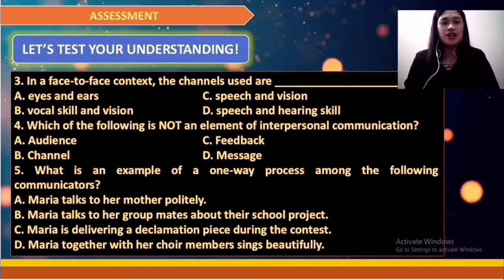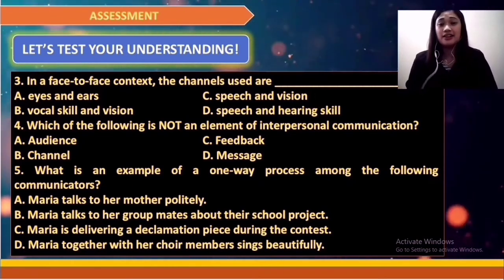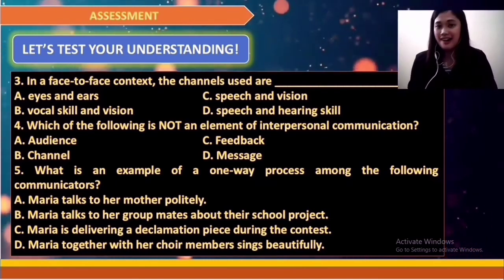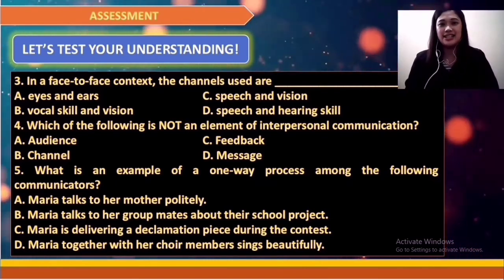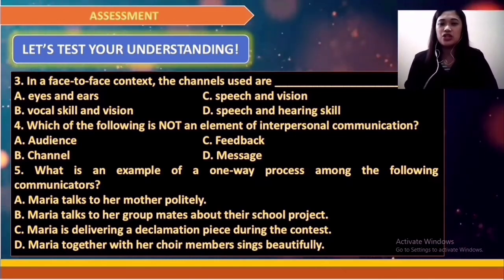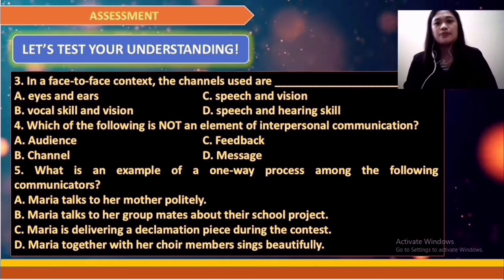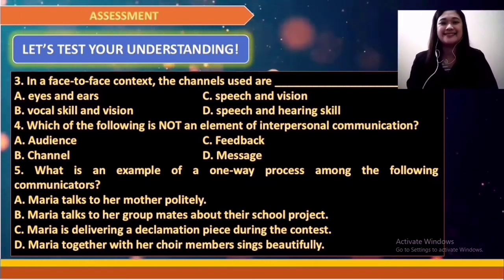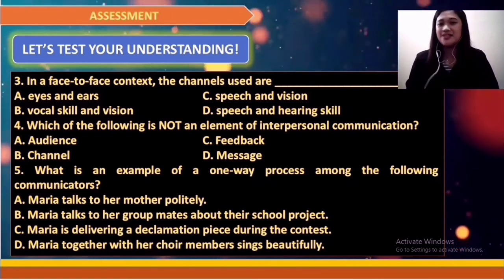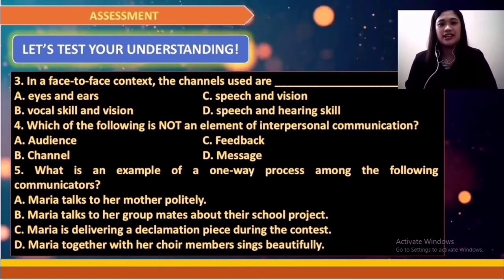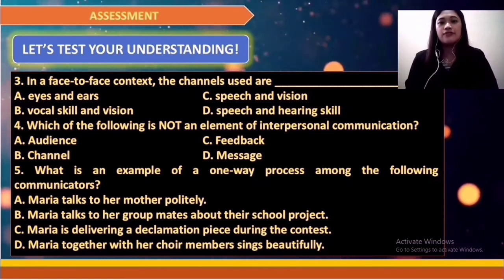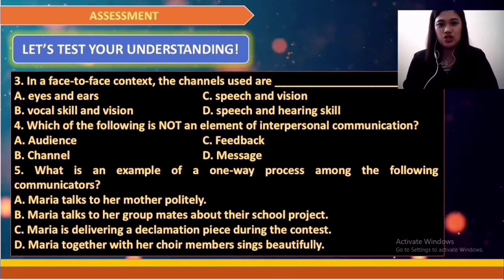In a face-to-face context, the channels used are A, eyes and ears, B, vocal skill and vision, C, speech and vision, or D, speech and hearing skill. 4. Which of the following is not an element of interpersonal communication? Is it A, audience, B, channel, C, feedback, or D, message?